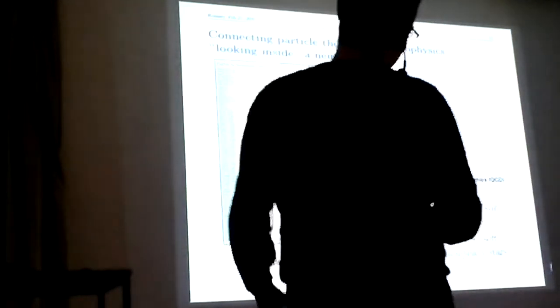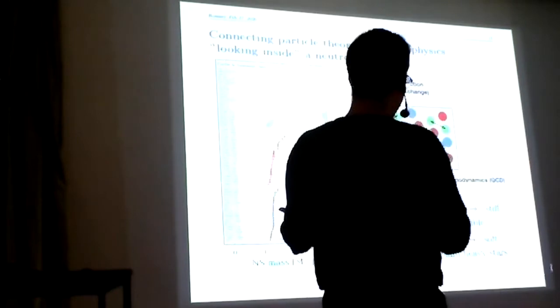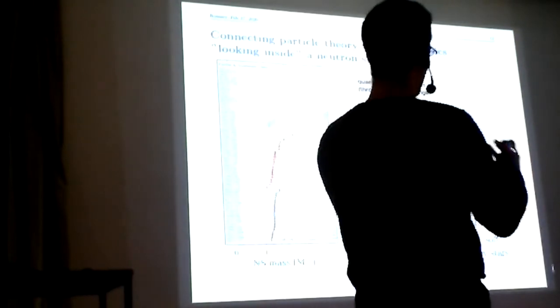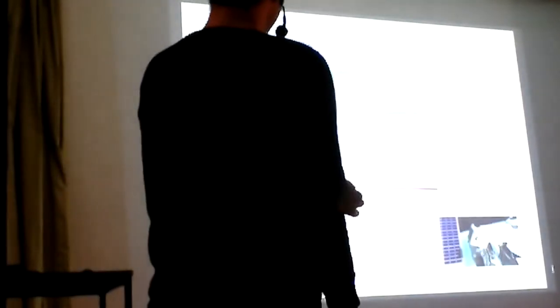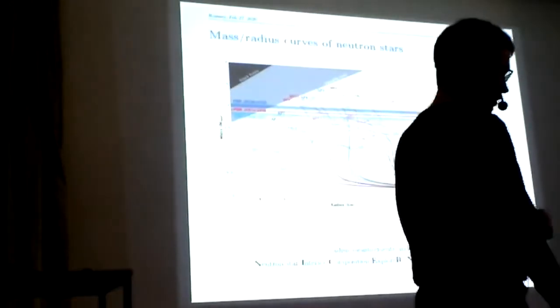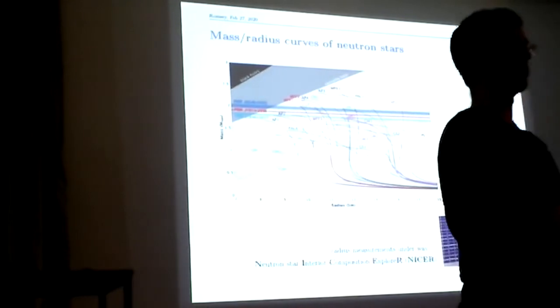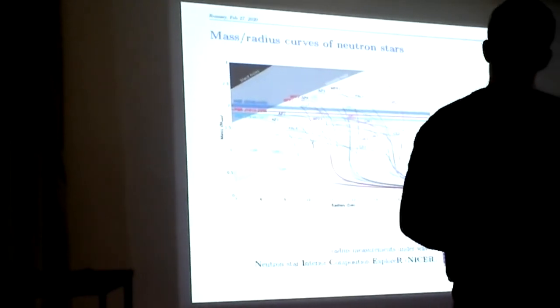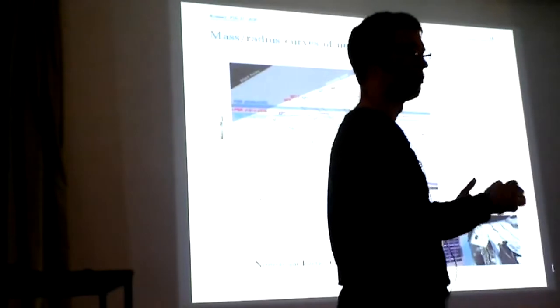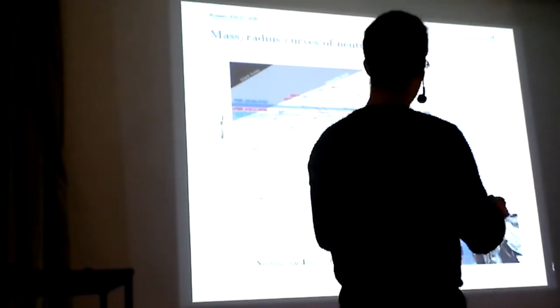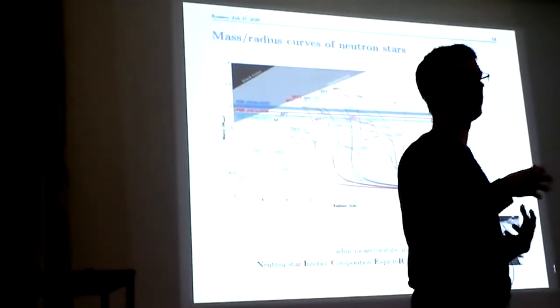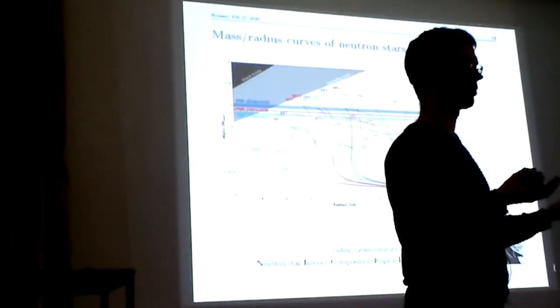And the other way around, if the repulsion is very weak, then this is kind of soft, and usually the stars that we get from this are not as heavy. So I'm showing this in this little plot here with many colorful lines. What this means is, as I told you, the fundamental theory is so hard we can't really solve it. What people do in research is they assume a model for nuclear matter or quark matter, a model for these interactions, and then they compute the mass of the stars they can produce out of that.